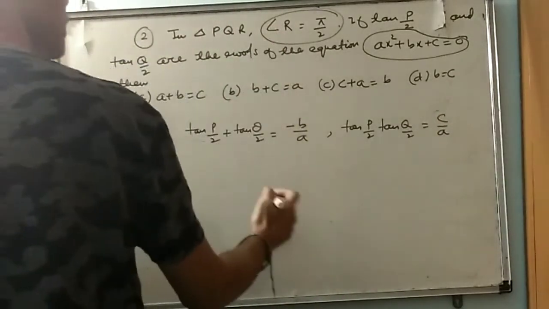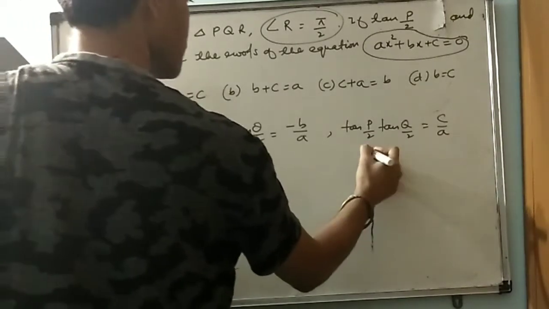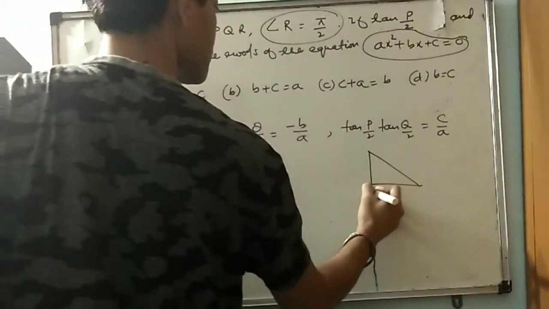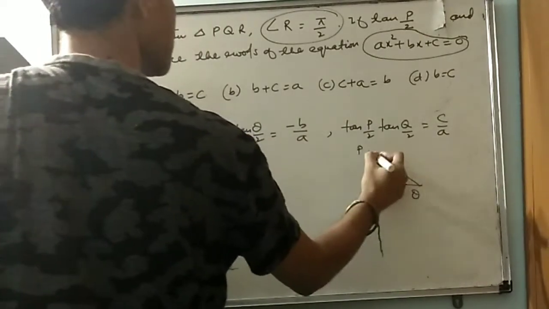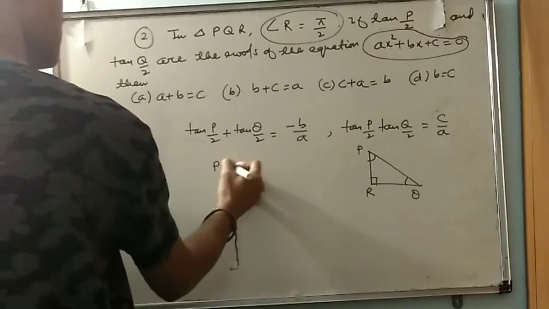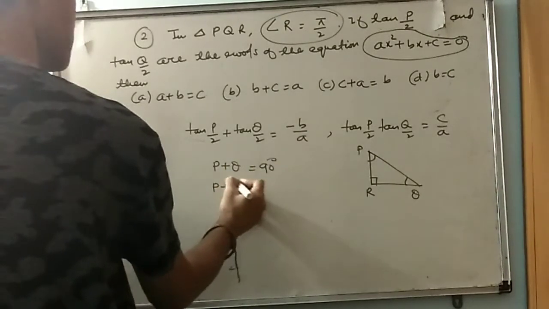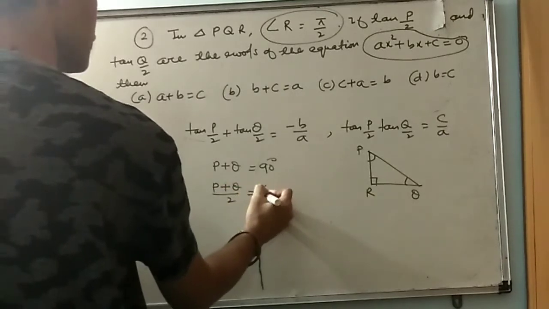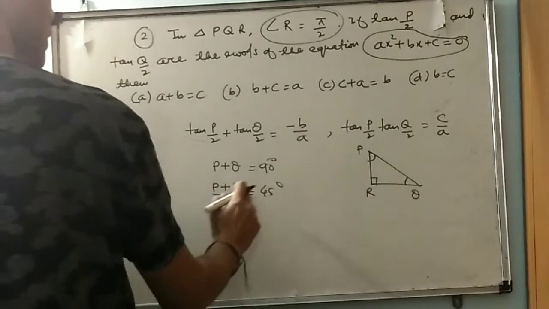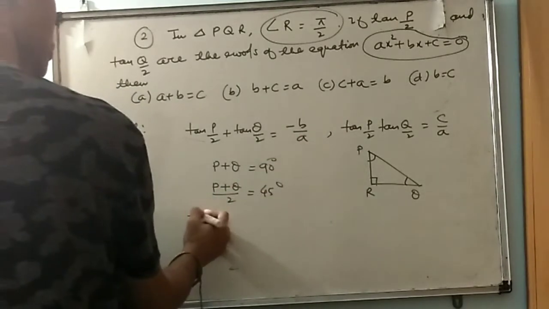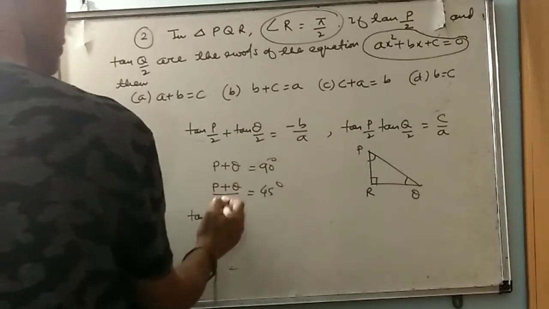In this triangle, angle R is 90 degree. So naturally, angle P plus Q is equal to 90. P plus Q by 2 is 45 degree. We are doing it because we know the relation related to P by 2 and Q by 2.